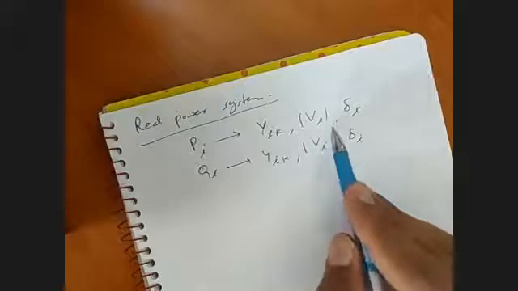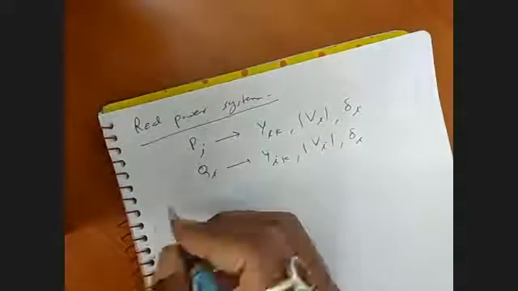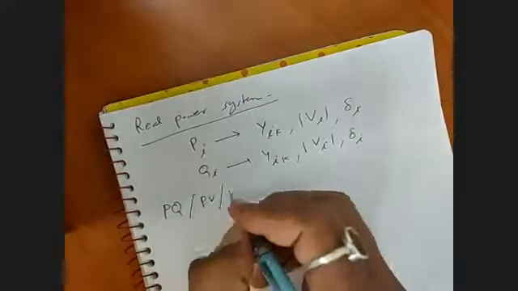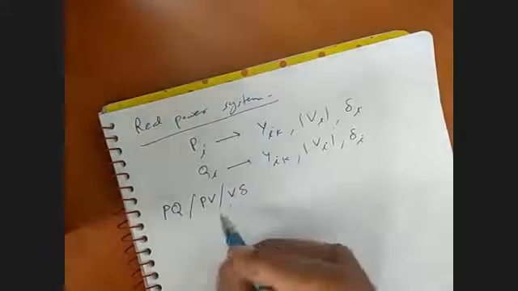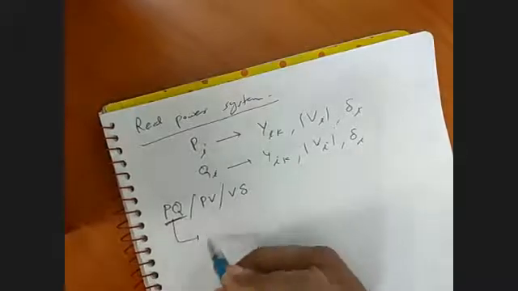Now when we are solving these equations, we have some as PQ bus, some as PV bus, and some as V delta bus. So for PQ bus, voltage is varying.